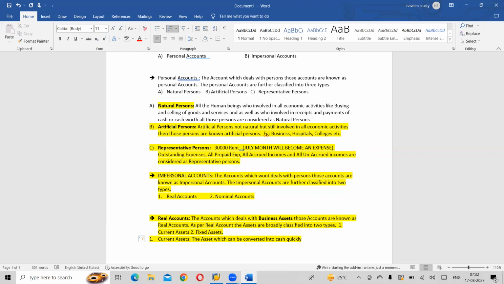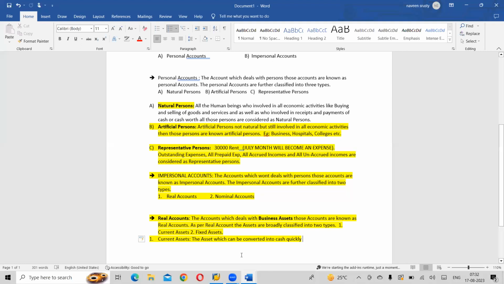Understood? Quickly, I'm saying. Quickly in the sense of how much time? It's a 1 year time. The assets which can be converted into cash within a year, that is considered current assets. But again, one more question here: 1 year in the sense from when to when? When does each company prepare a balance sheet? Every year, or every month, or every day, or every 5 years? Every year, correct.